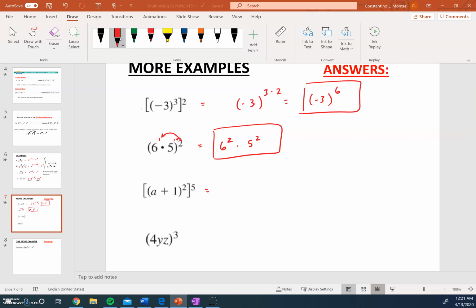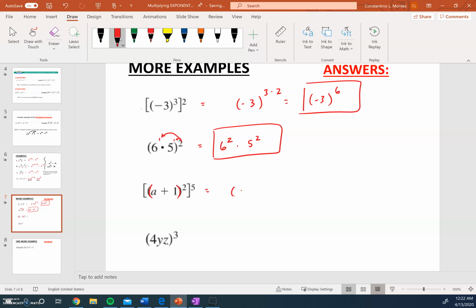Next example. I got quantity a plus 1 to the power of 2, and then that's all raised to the power of 5. This looks confusing, but I am going to think of that thing in parentheses as one thing. I'm raising that thing to the power of 2. I'm going to use my property just like I would before.